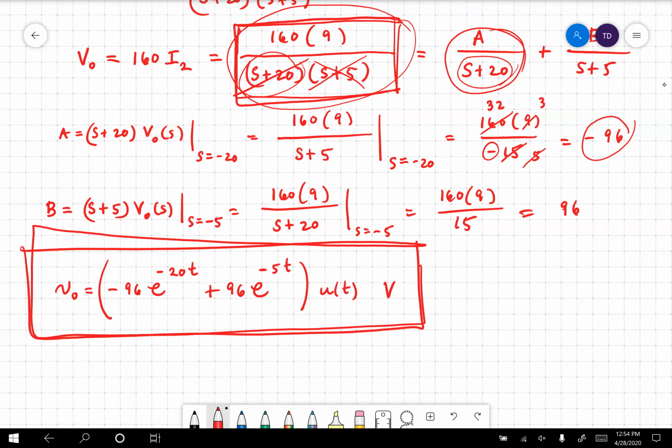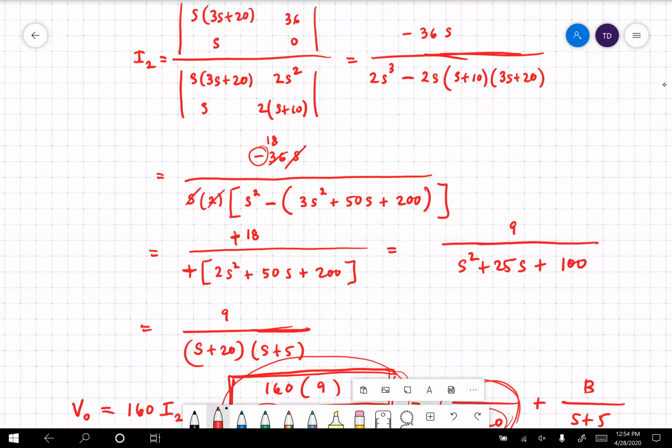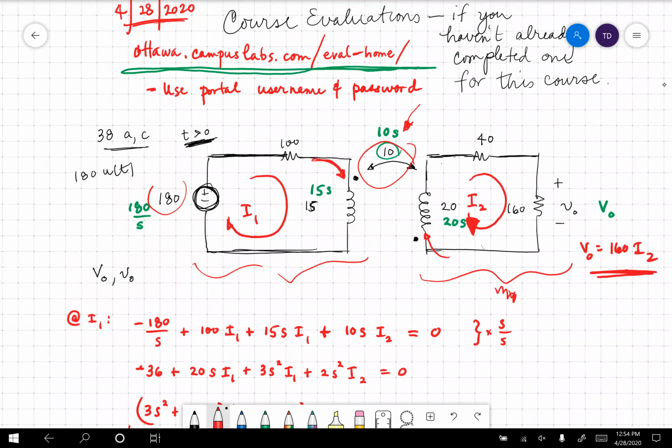Okay, I want you to note that there is only a homogeneous response. Why is there only a homogeneous response? Well, let's take a look at this circuit. DC inductor.